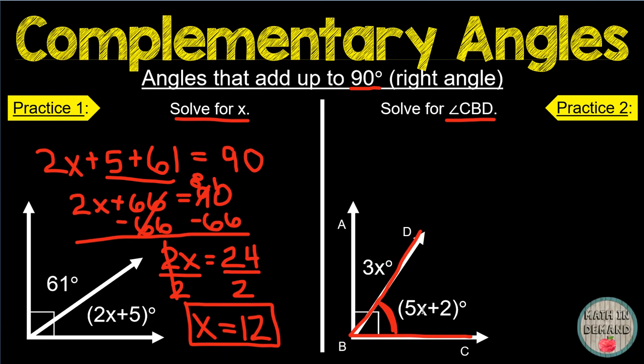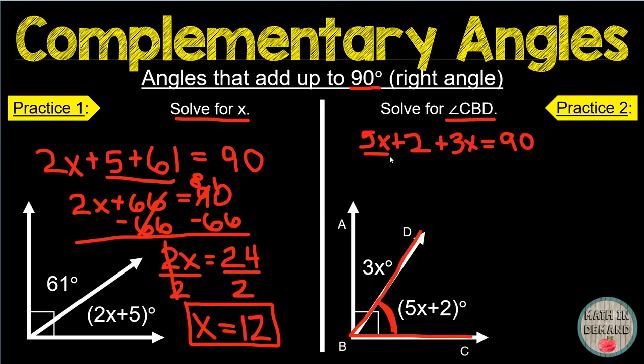Now, I can solve for it by creating an equation just like I did over here. I am going to take 5x plus 2 plus 3x and set it equal to 90 degrees because it is a complementary angle.